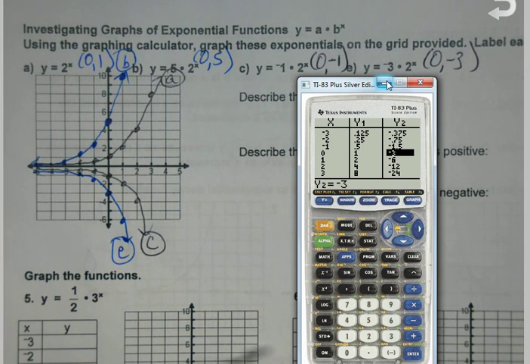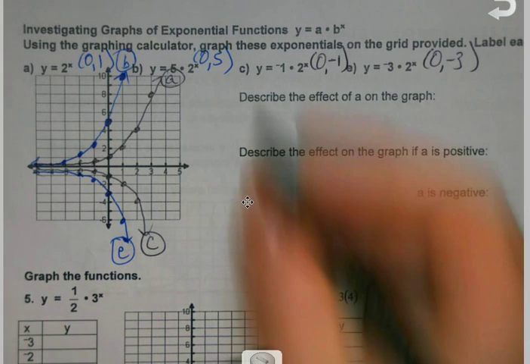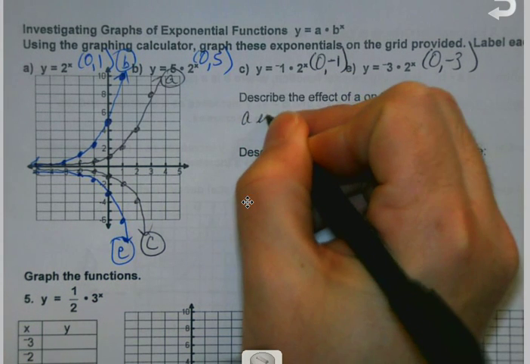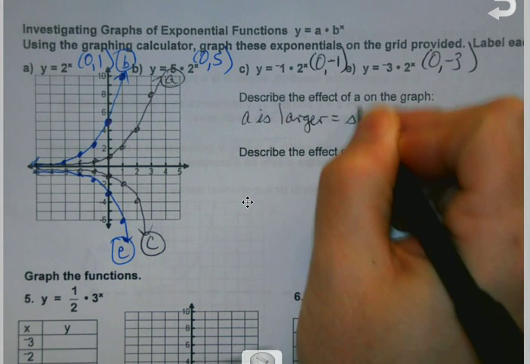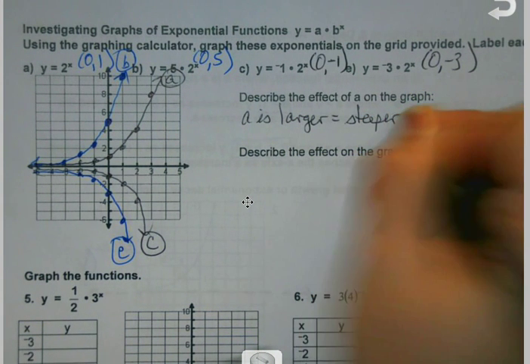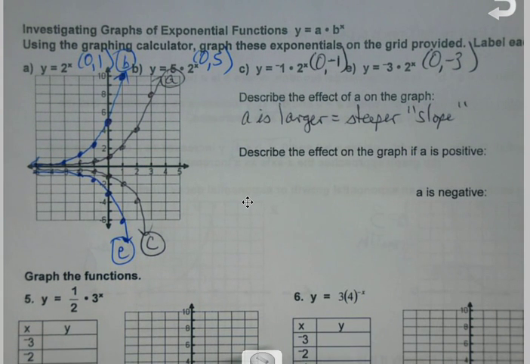So here, in summary, is what's going on in this particular part. We saw what b does to my graph: b determines if it's growth or decay. If a is larger, my slope, in air quotes, because it's not technically slope, this isn't linear, gets steeper.